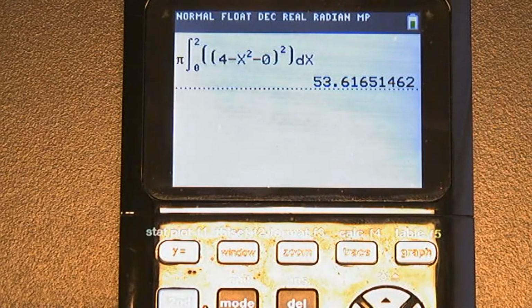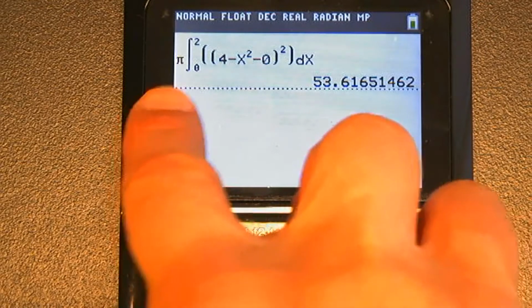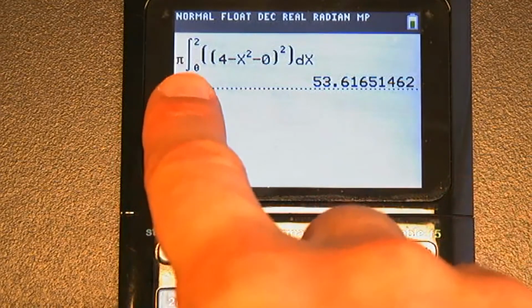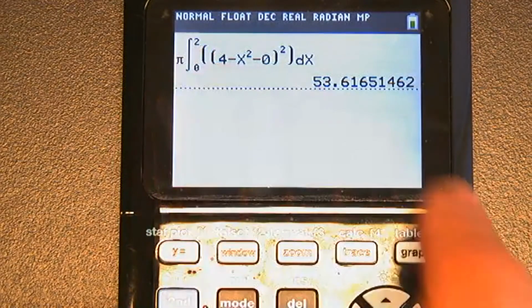So if you wanted the answer rounded to 2 decimal places, it's about 53.62. However, WebAssign may ask you also to give an exact answer. And the exact answer is the answer with pi not being calculated in.